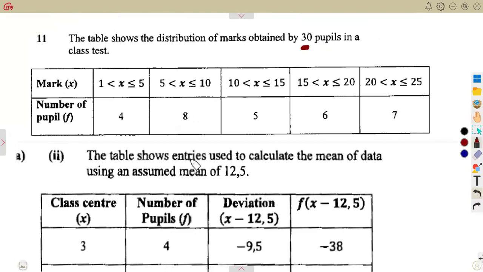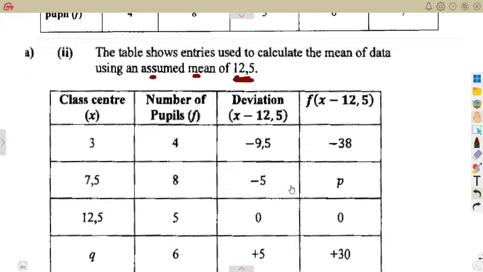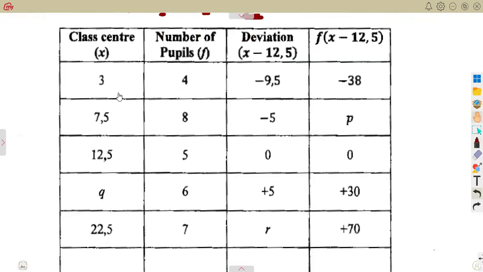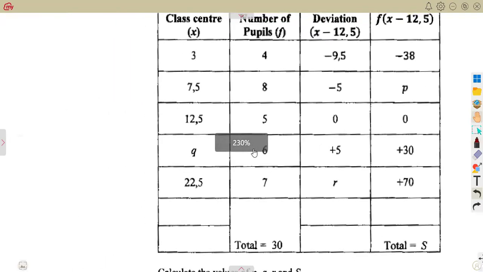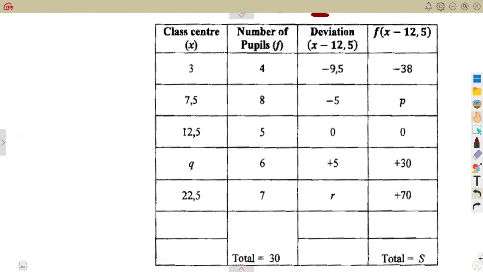The table shows entries used to calculate the mean of the data using an assumed mean of 12,5. You are given that. Some of the information is placed here: the class centers. From our table, we had only this part showing what?